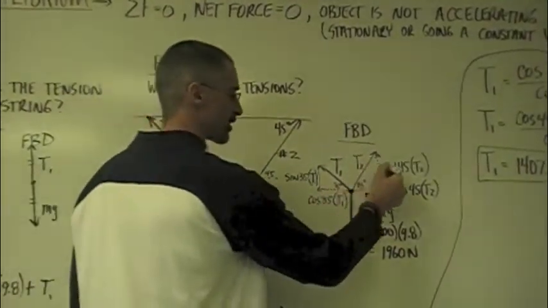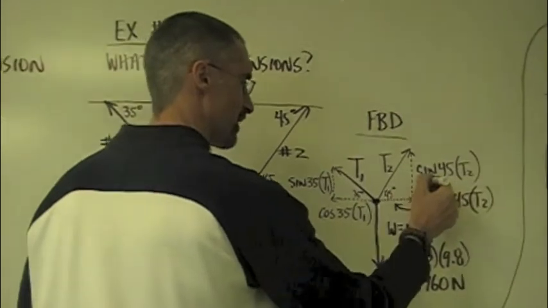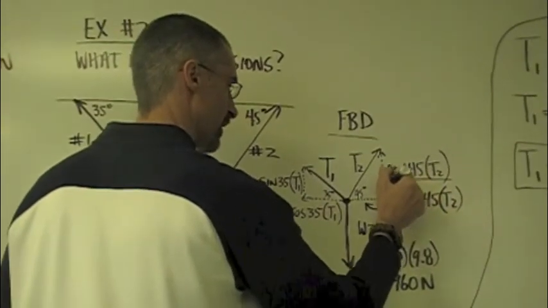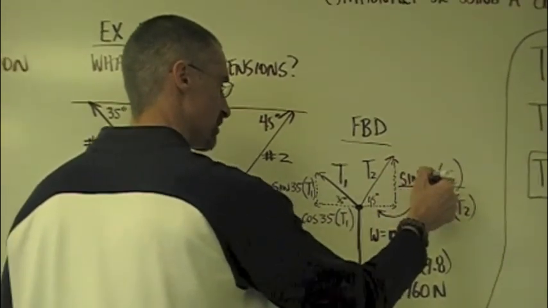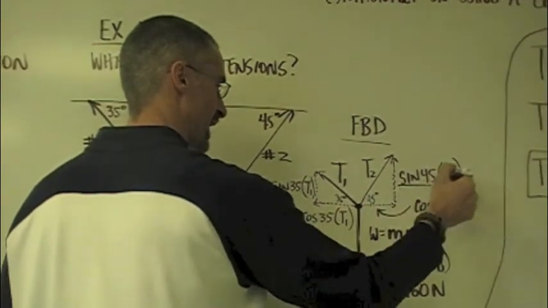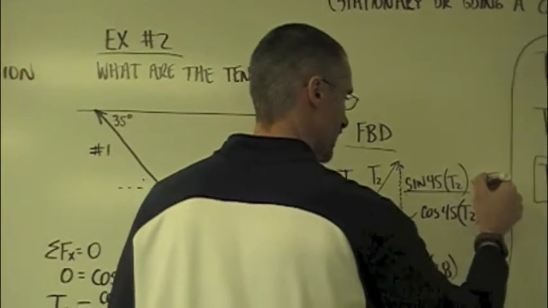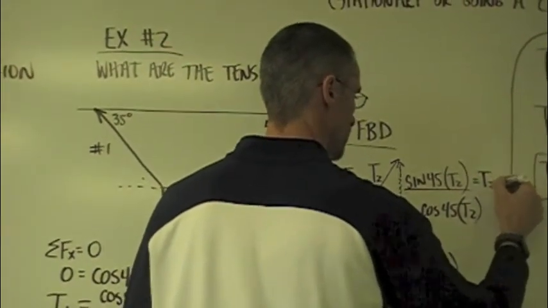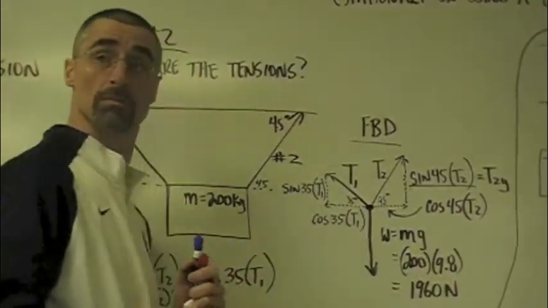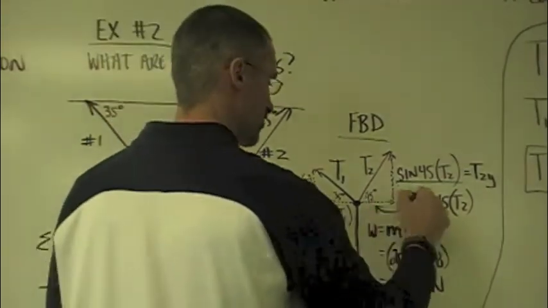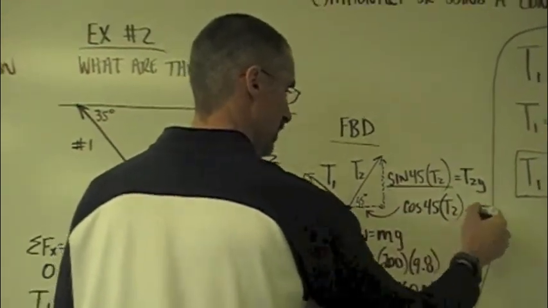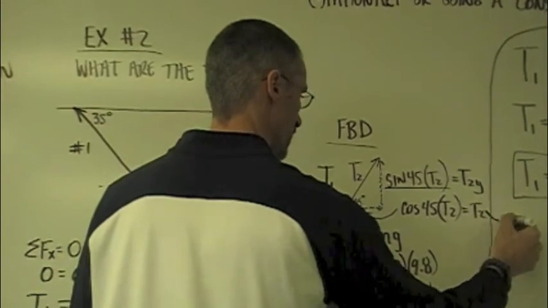You would agree that this component right here is going to be opposite. So we'd go sine 45 times T2 would give me that component, which is T2 in the y direction. Okay. And then this component here is going to be T2 in the x direction.